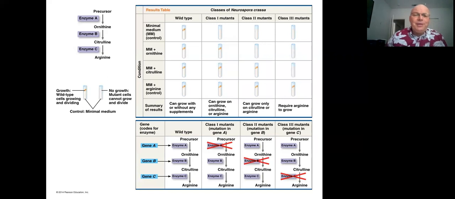Then they had to start thinking about where these faults came from. Obviously, the faults lay with the enzymes, but those faults only occurred because they'd exposed the fungus to X-rays, and the X-rays could only damage the DNA. The X-rays would have no effect on the proteins themselves in the form of the enzymes.